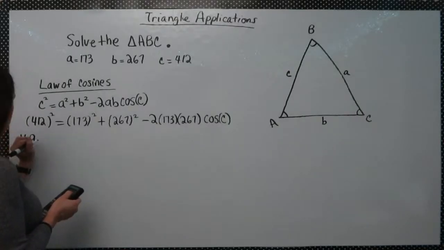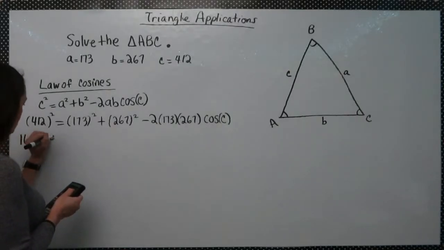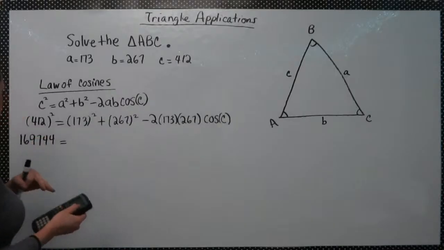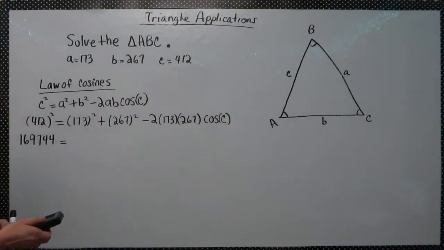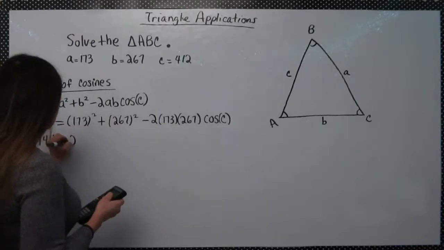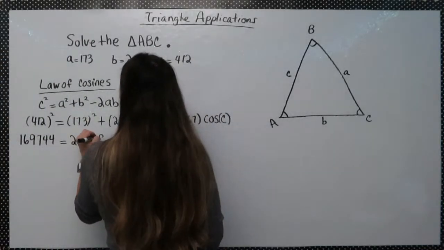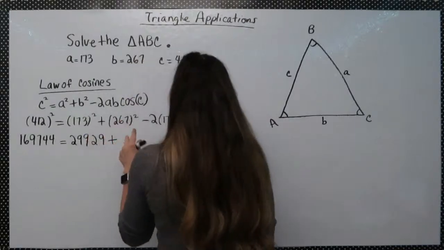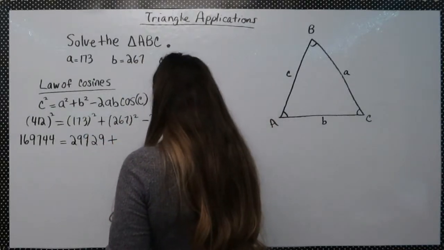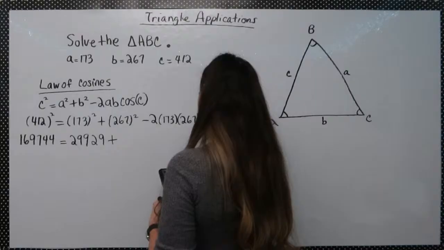And that's fine, it just takes practice and it's more difficult. So 173 squared is going to be 29,929, plus 267 squared, 71,289.